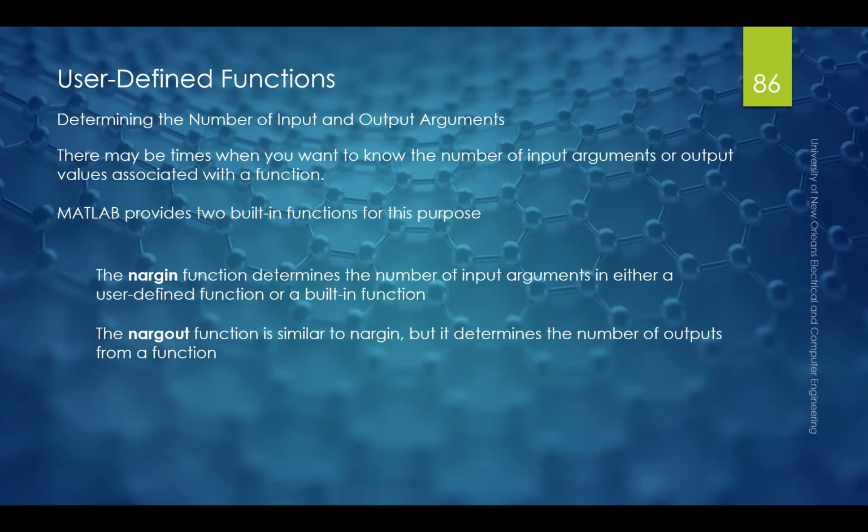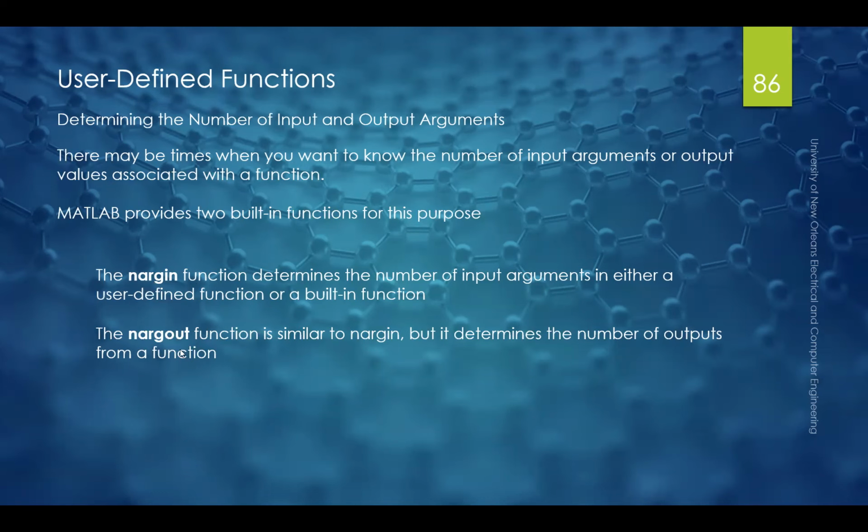And there are two MATLAB built-in functions that you can use for that purpose. One is the nargin function that determines the number of input arguments in either a user-defined function or a built-in function.